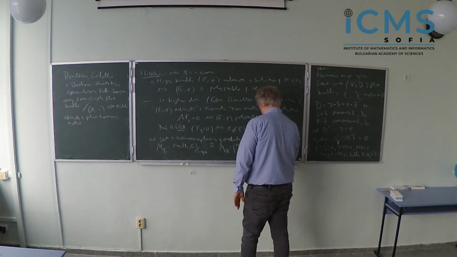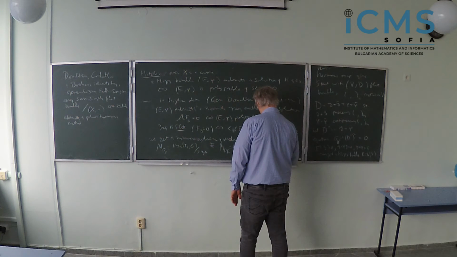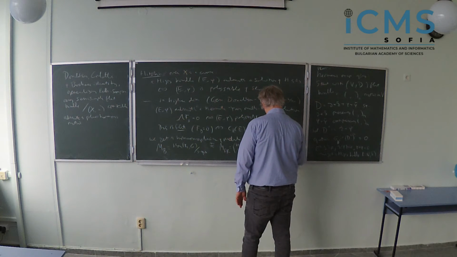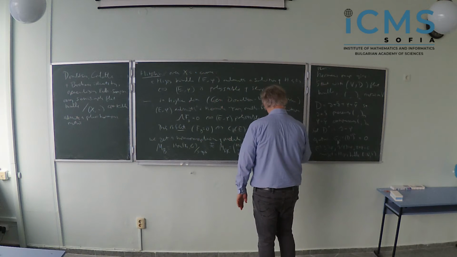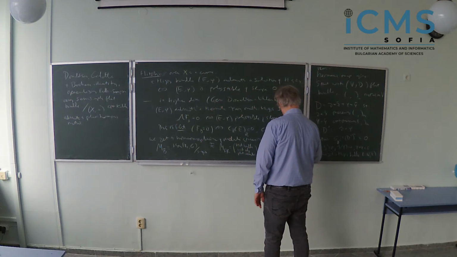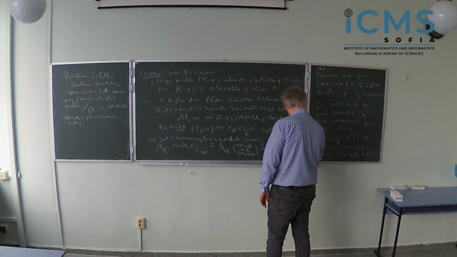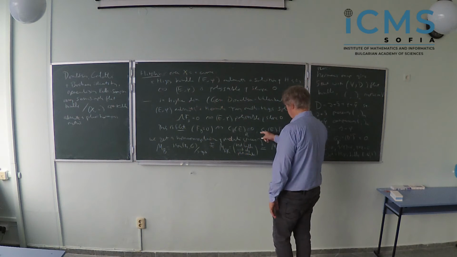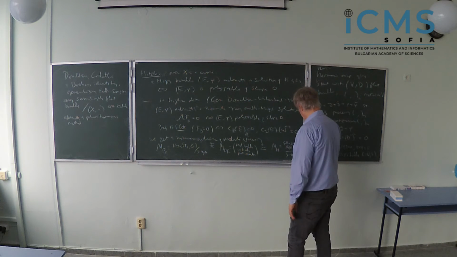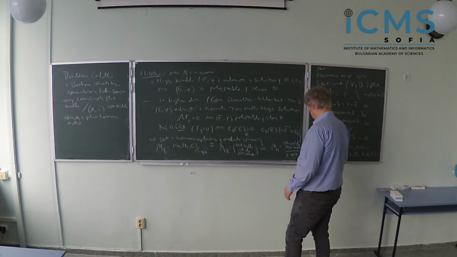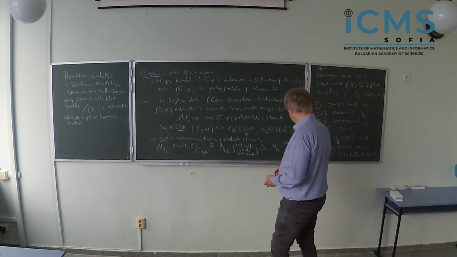Anyway, the homeomorphism we get of moduli spaces is with the Hitchin moduli space, which is Higgs bundles, semi-stable, modulo S-equivalence, and we should have these Chern classes equal to 0. This is the Hitchin moduli space.